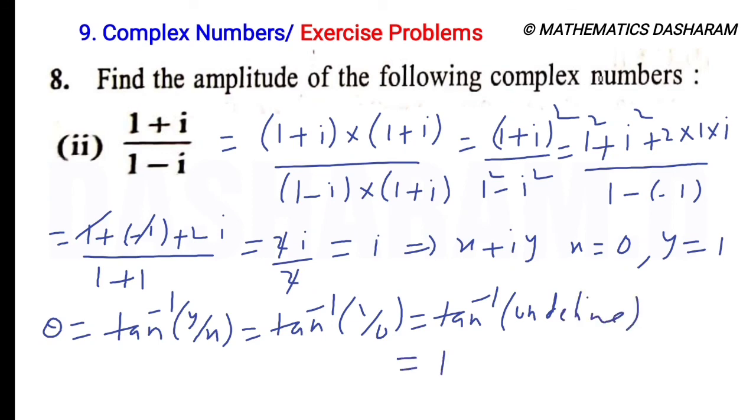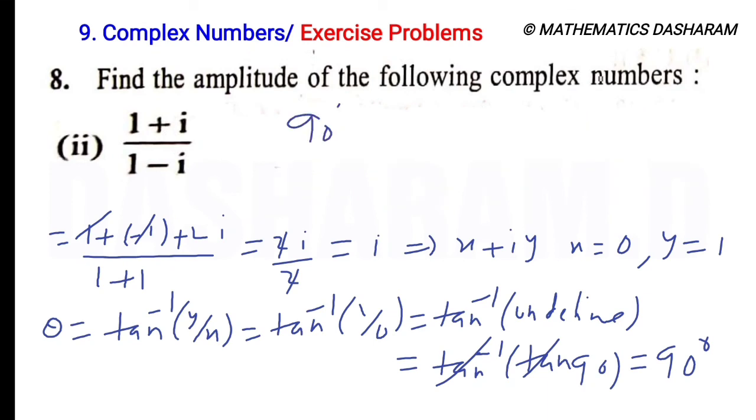We have an undefined value in the tan table, that is tan 90 degrees. So tan inverse cancels, giving 90 degrees. Now these 90 degrees multiplied by pi by 180. 9 ones are 9, 9 twos are 18, so pi by 2 is the answer.